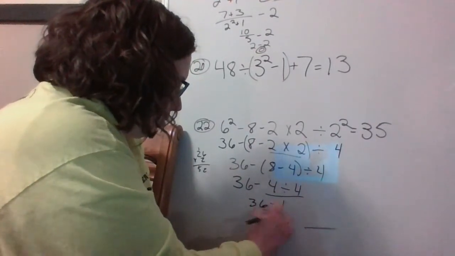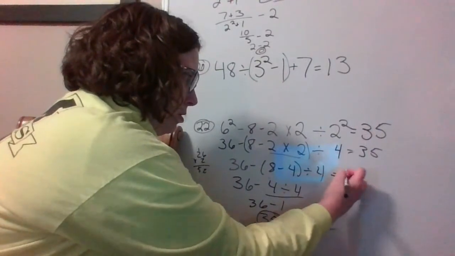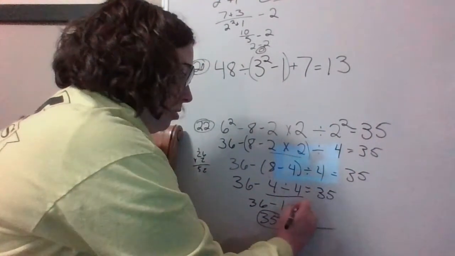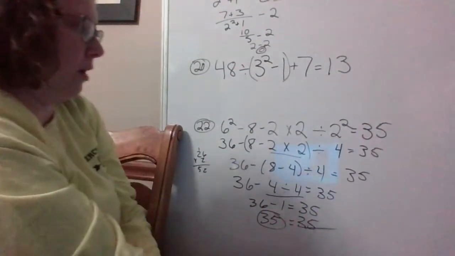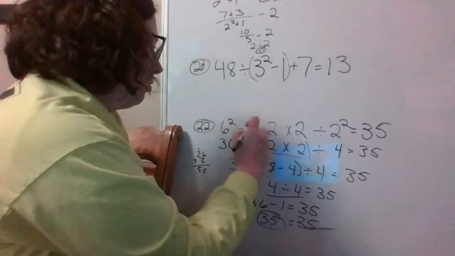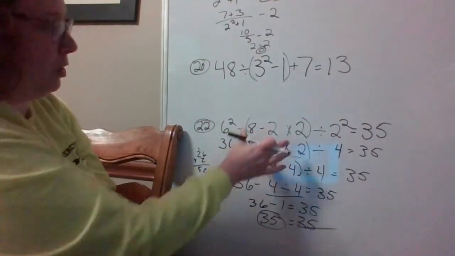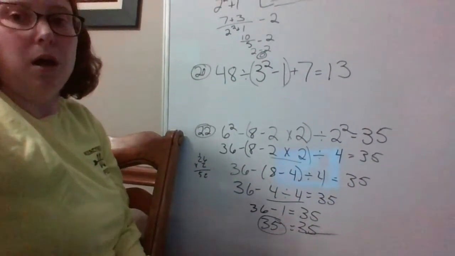And finally the subtraction, and we do get the answer that we should have, which is 35 equals 35. So if we go back to our original line, that's where our parentheses belong. We're on 3 terms, not just 2 terms.